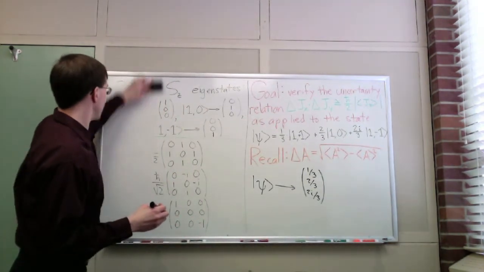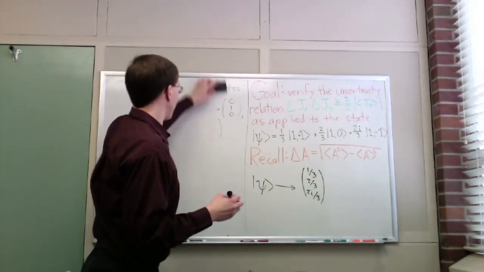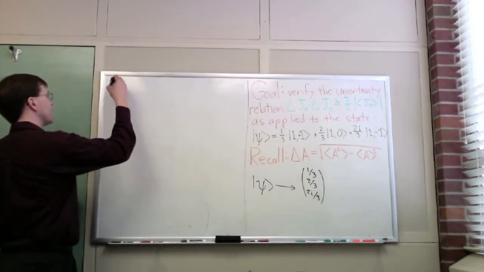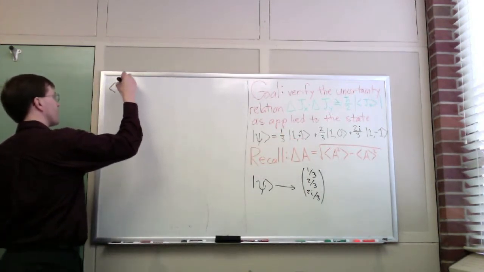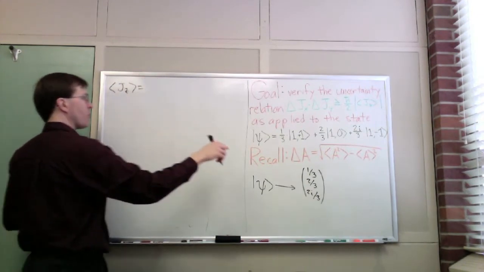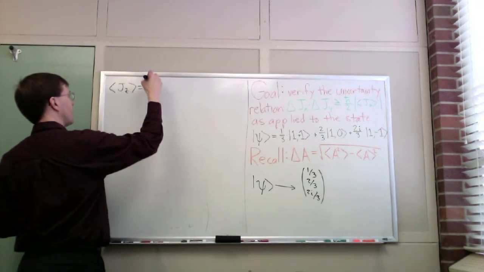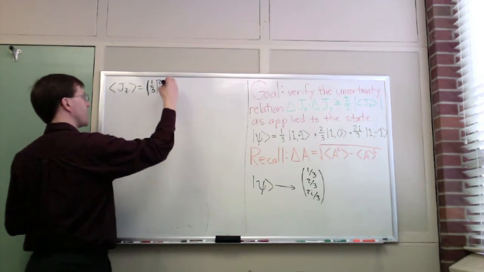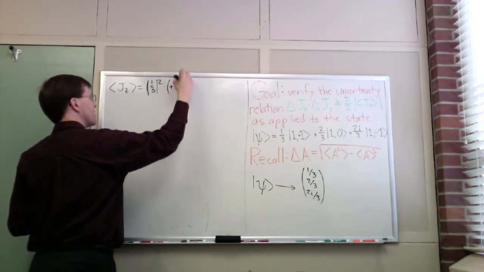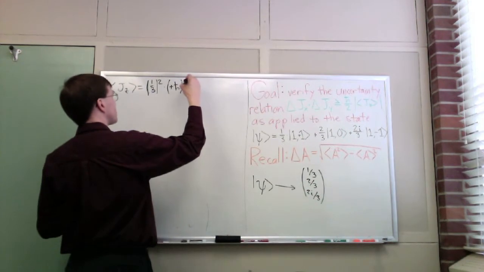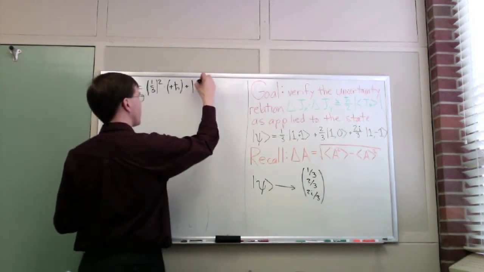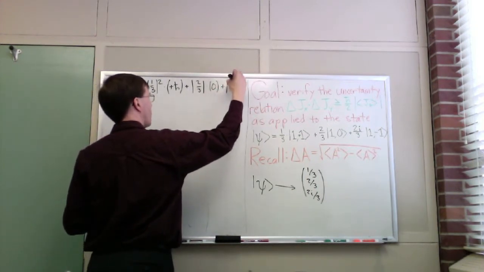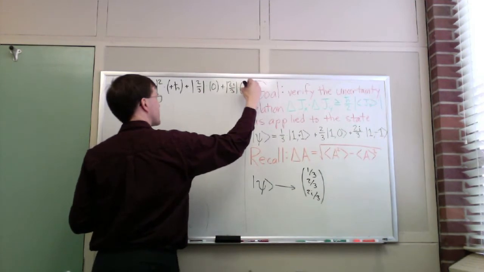The expectation value for Jz in this state, we can find, since we've already written it in terms of the eigenstates of Jz. The expectation value for Jz is equal to the probability of the +1 state, 1/3, that's an absolute square, times plus h bar, since Jz is plus 1 there, plus the absolute value of 2/3 times 0, plus the absolute value of 2i over 3 times minus h bar.